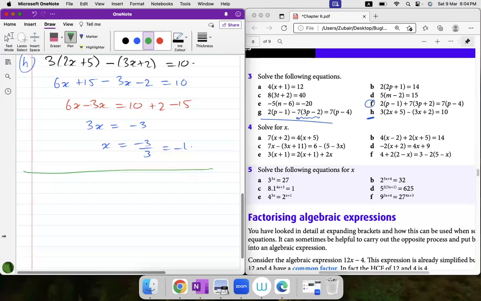Okay, similar to... This question feels like in 4C.